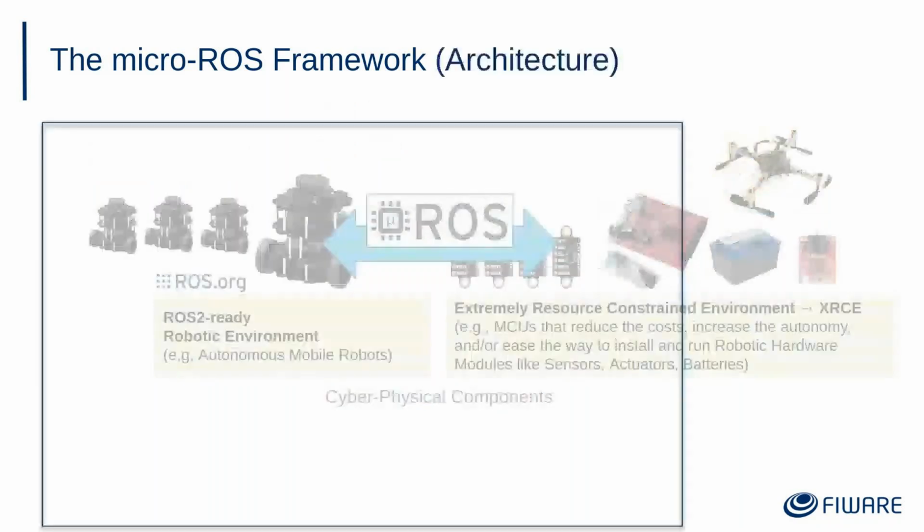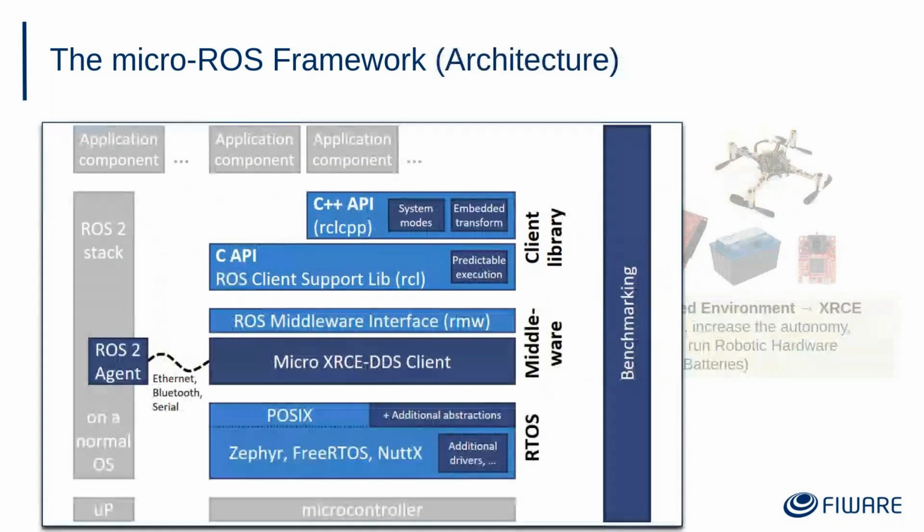Here I present, for those interested in more technical aspects, the micro-ROS architecture. As you can see at the bottom, we have two environments, the microcontroller environment and the microprocessor environment.